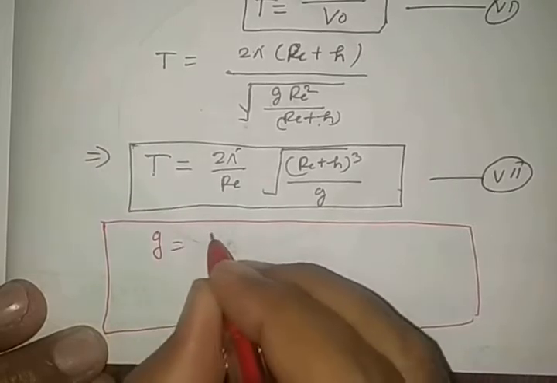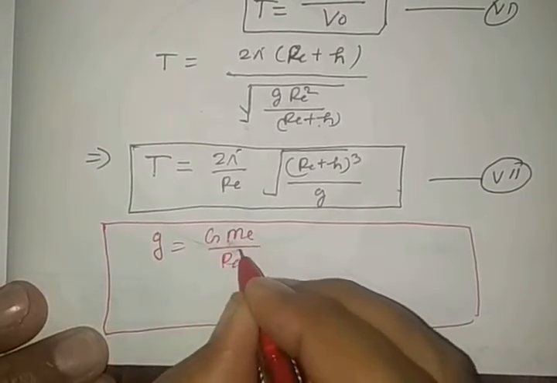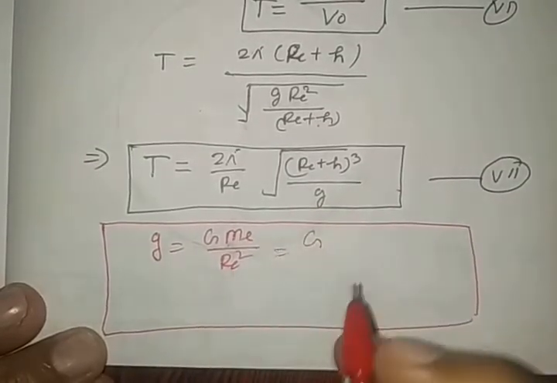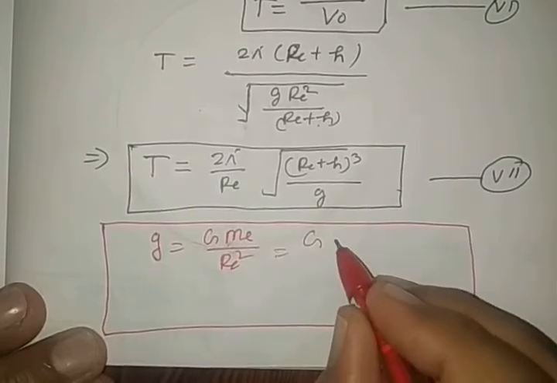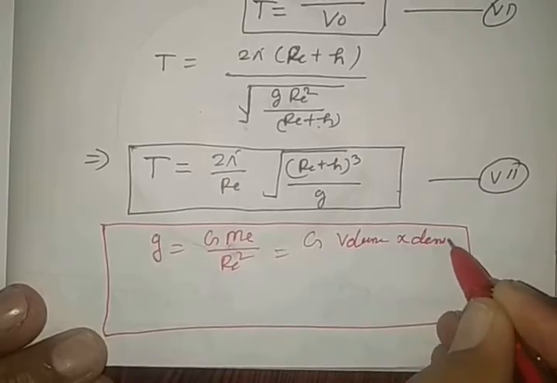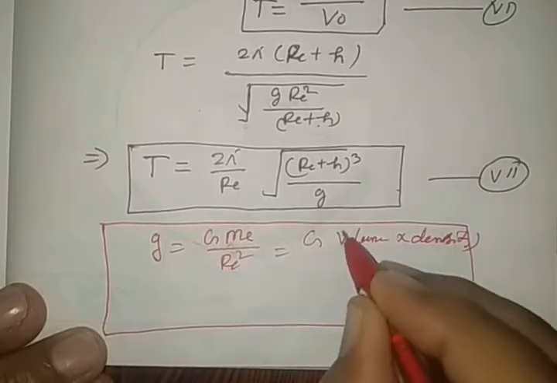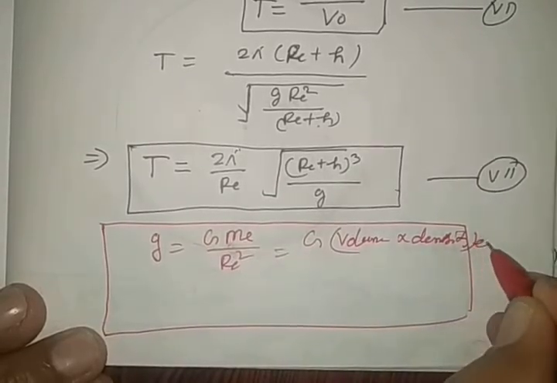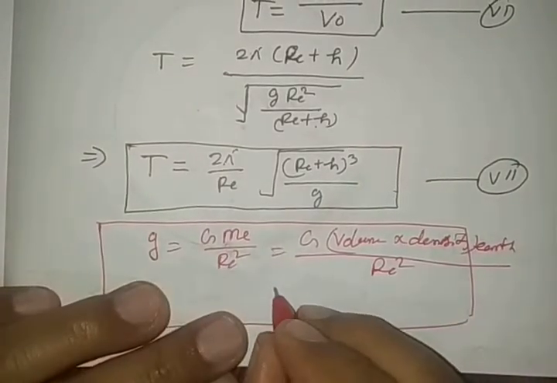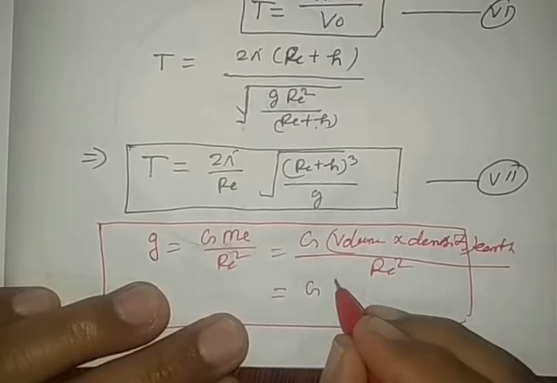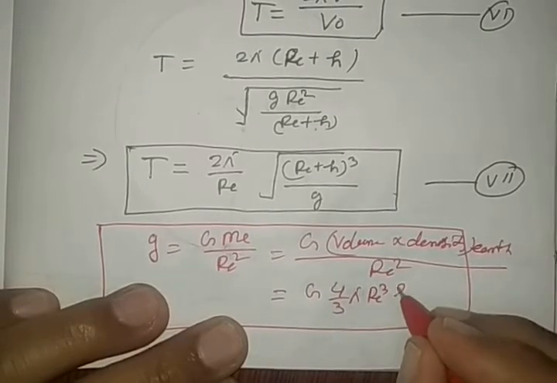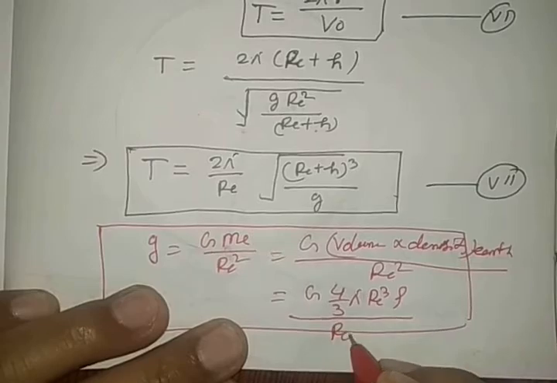We know g is equal to capital G Me by RE square, in which Me is the mass of Earth and RE the radius of Earth. Mass is equal to volume into density. So g is capital G, volume is 4 by 3 pi RE cubed, density is rho, divided by RE square.